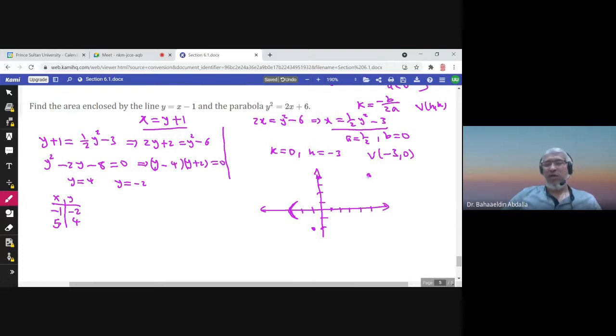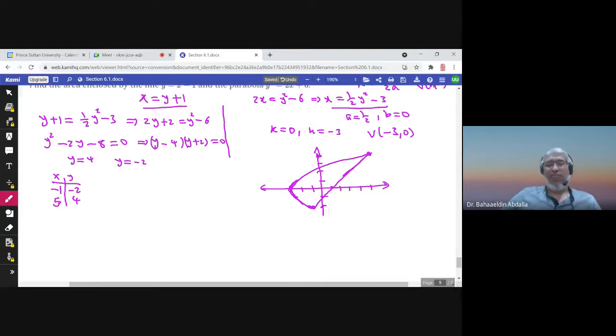So this line should pass between these 2 points, and also the parabola should pass between these 2 points. And this is now the region. We need to find its area.